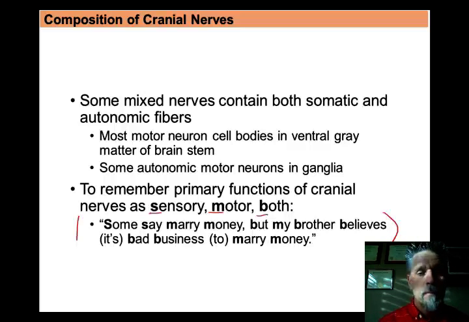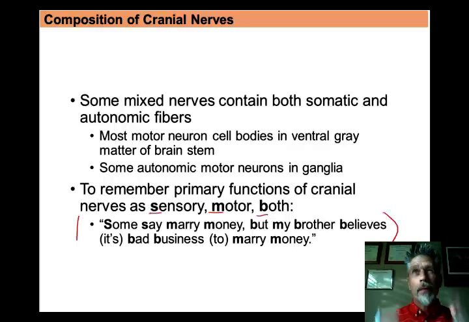So, olfactory, sensory. Optic, sensory, coming from the eye. Motor, oculomotor, going to the eye muscles, right? So that also helps you to do a quick and dirty, okay, is it sensory, motor, or mixed, like we were going through before.